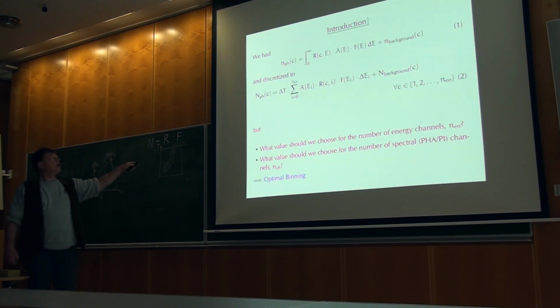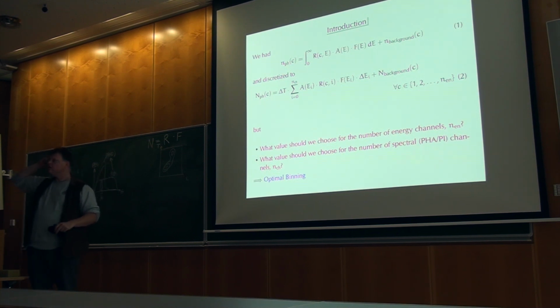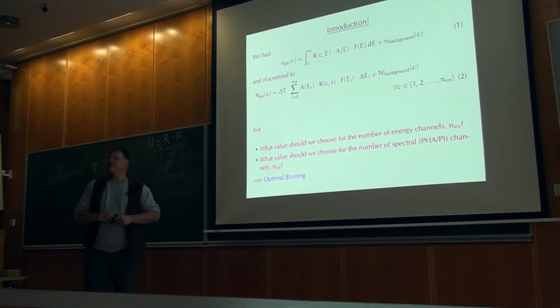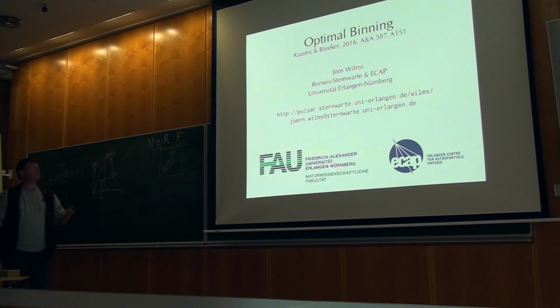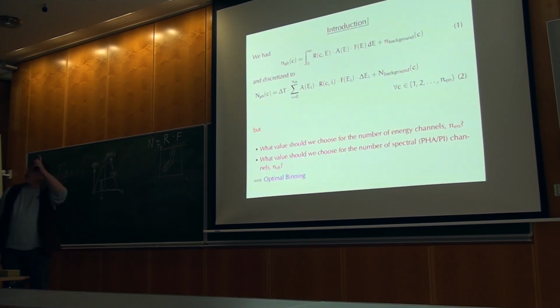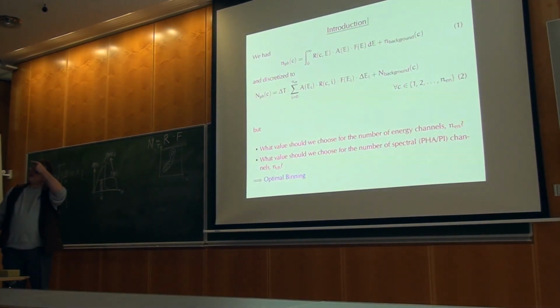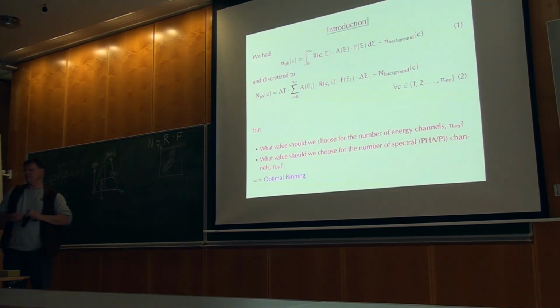And also, how many values of this channel here, of the electronic channel, the I channel, should we choose? Should we use? Okay? In practice, before this paper, nobody in our field had, ironically, ever really thought about this.